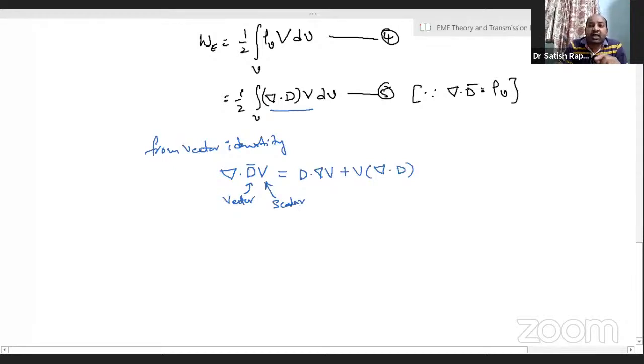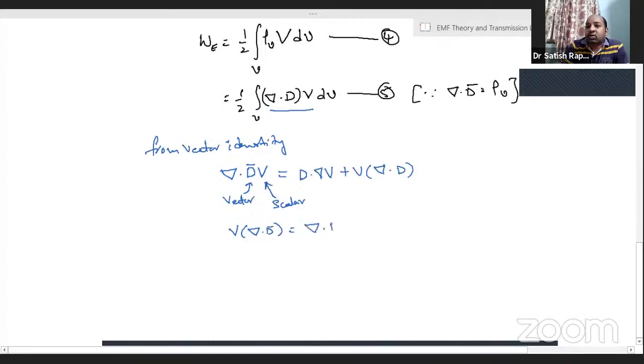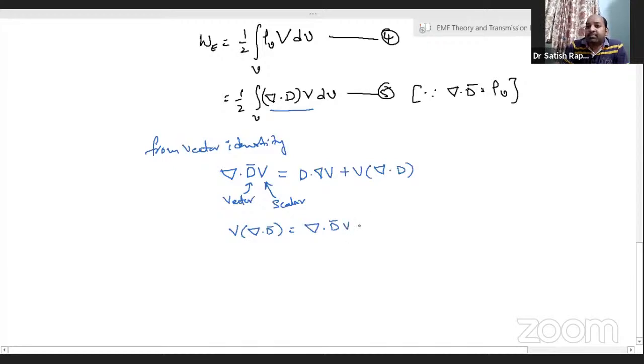Therefore, the divergence of the product of a vector and a scalar expands like this. So from this we can write V into del dot D bar is equal to del dot D bar V minus D dot del V. Let us say this is equation 6, because we require this term.